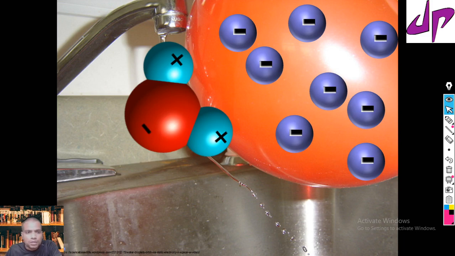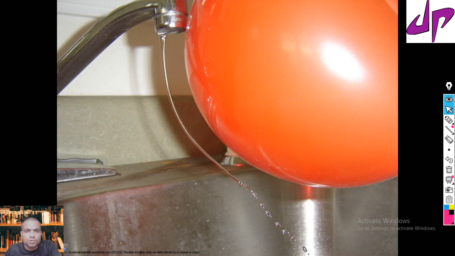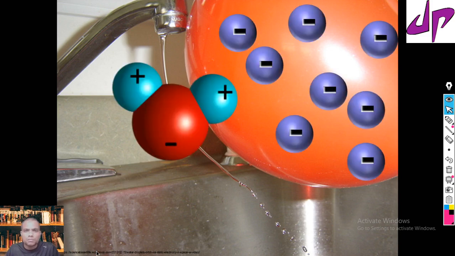Earlier, if you do not bring the negatively charged object close to the water, the water stream just goes straight. Now when you bring this charged balloon, which is having negative charge, the water molecule structure has negative and positive charges, and the bending happens. It means the water molecules are changing their position.